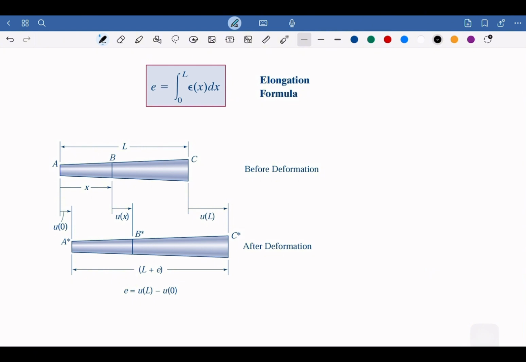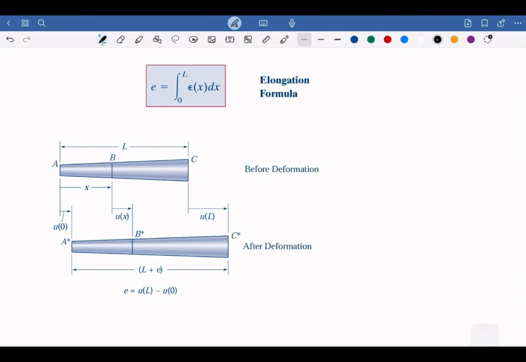So every part of x we can evaluate, and then we have the initial length L. If we take the displacement for each one of the elements and observe after deformation, we see a change in the length.